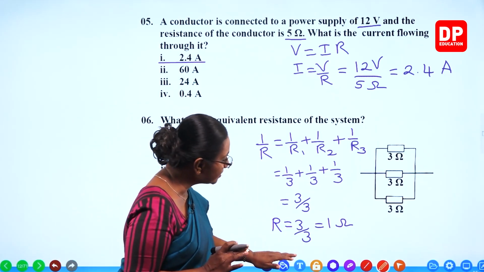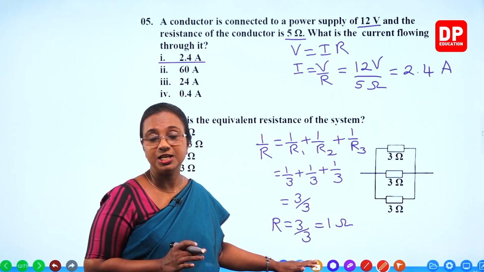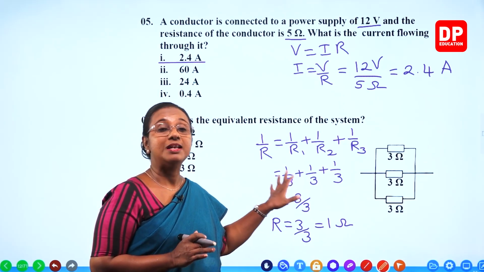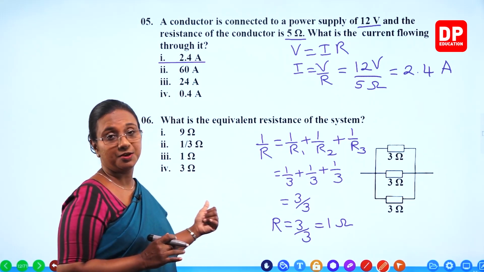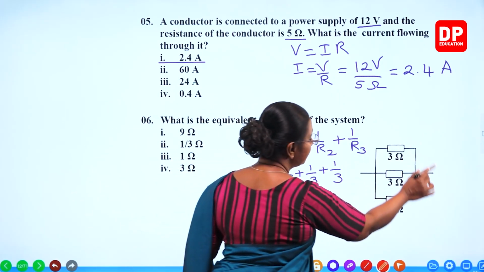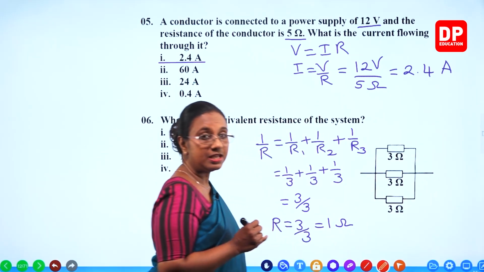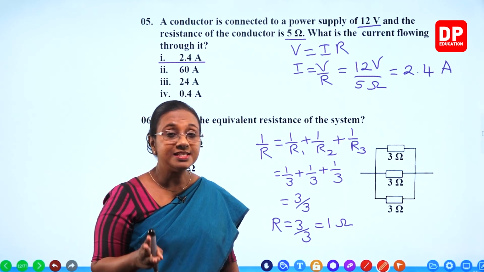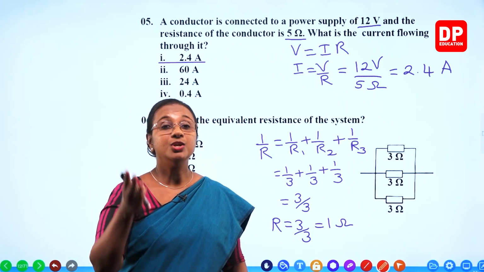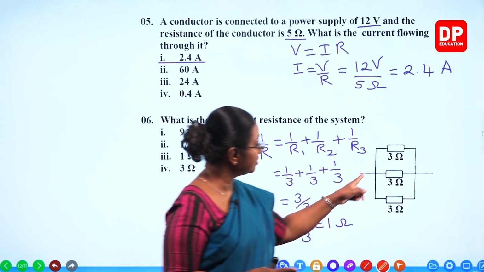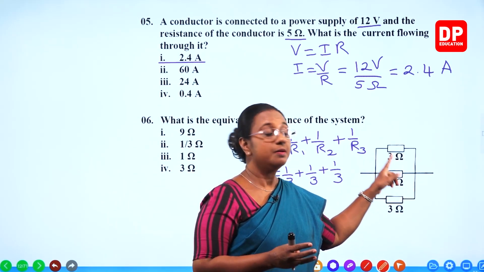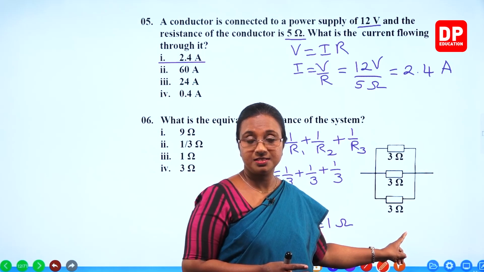If you were to answer the question, you have to write and show this calculation. But like I said, for an MCQ, you look at the combination, parallel combination, and all the resistors are equal. You divide the resistance of one resistor by the number of resistors.